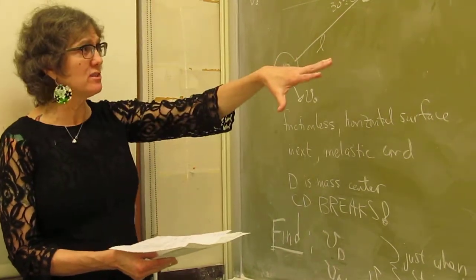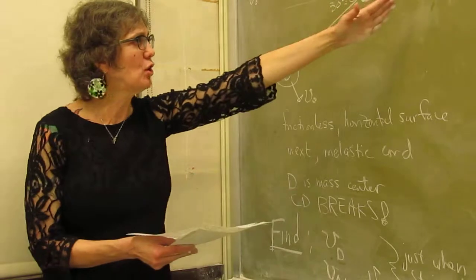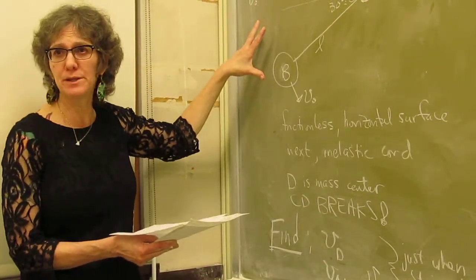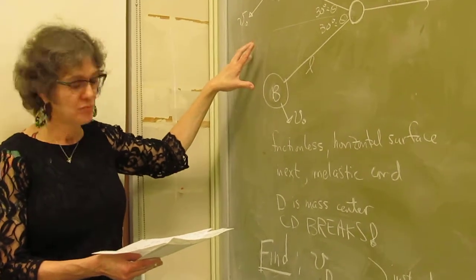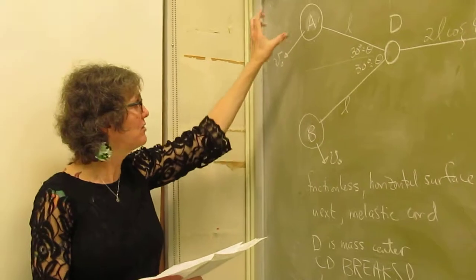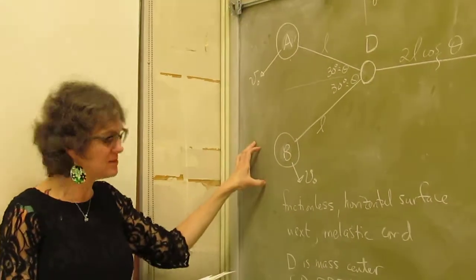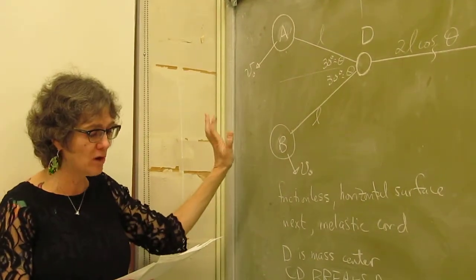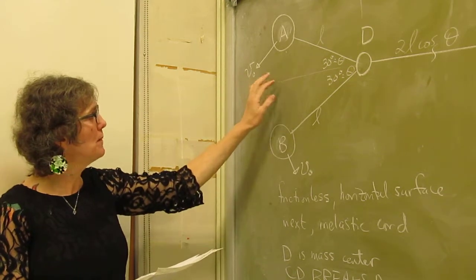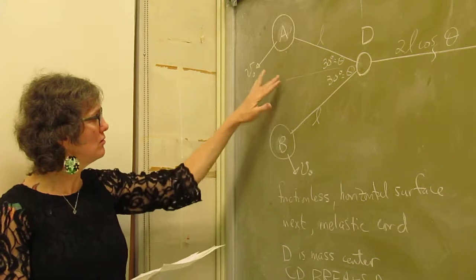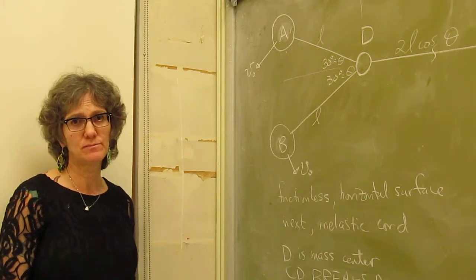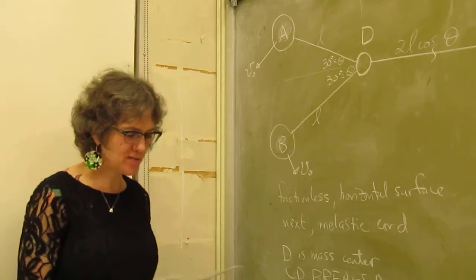We've originally got 3, but once the cord is cut, I really only want to consider the system of A and B. So I can do it separately by calculating the linear momentum of A plus the linear momentum of B, or I could calculate the linear momentum of the system, the total mass of the system times the velocity of its mass center. So I'm going to do it both ways.